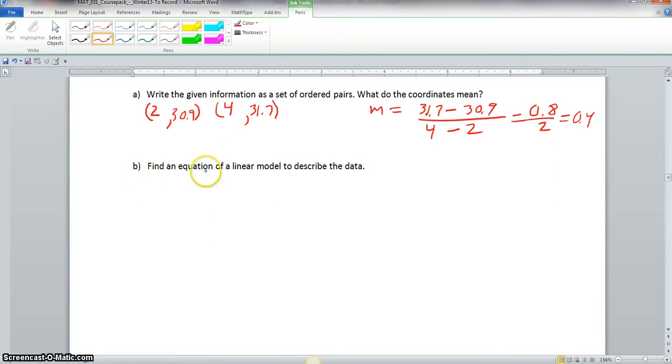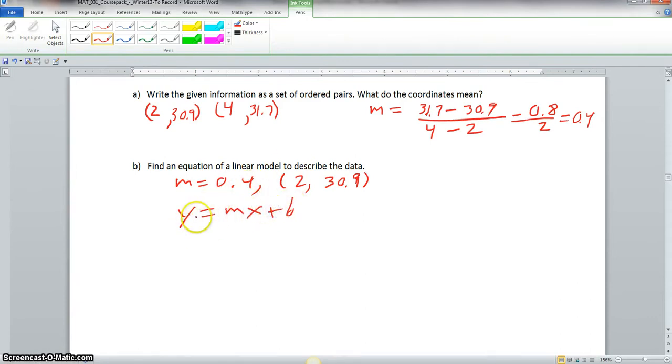Now our slope is 0.4, and we need one of these ordered pairs here. I want to choose the first one. We have 2, 30.9. Now, we can use the slope-intercept form, y equals mx plus b, and substitute.